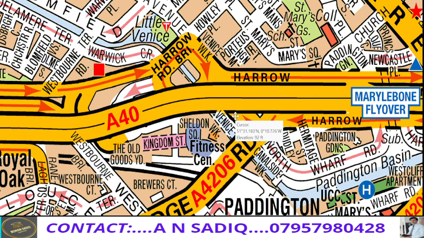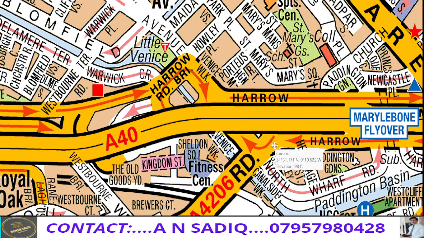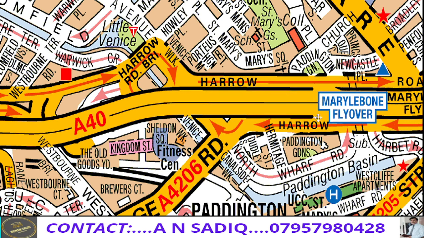This arrow also indicates this is a flyover. This is a roundabout. So always remember there are two roundabouts. Here is one roundabout and this is another roundabout. You have to go along these two roundabouts. But remember these two roundabouts are underneath this flyover, which is the Melbourne flyover.